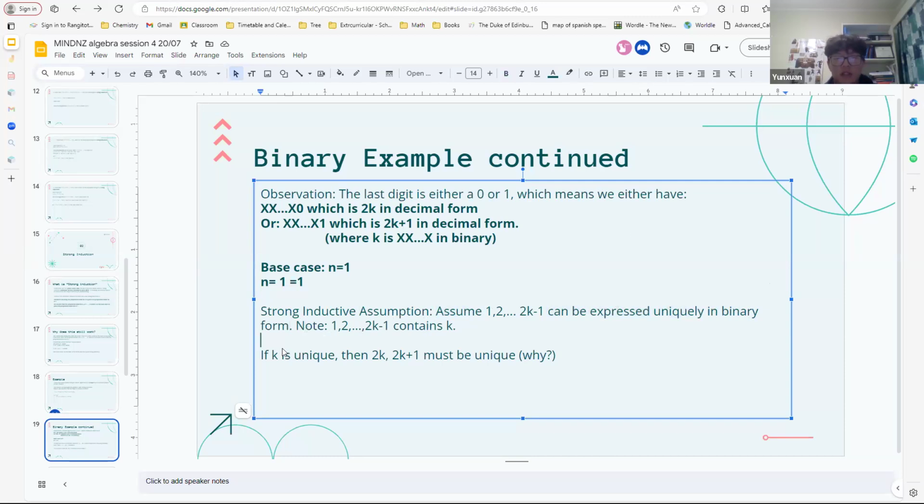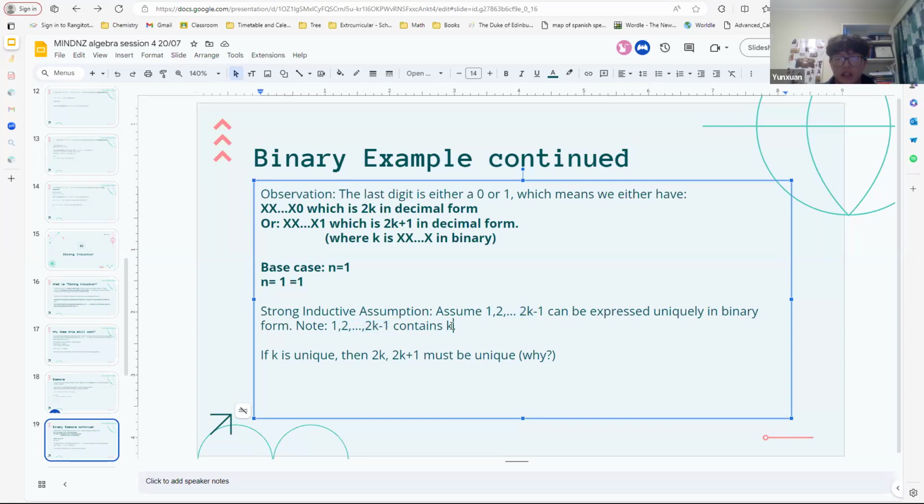So if k is unique, then 2k and 2k plus 1 must also be unique. Because by strong induction, we only use it for the single k term, but because it contains all the terms, it will contain the k term.